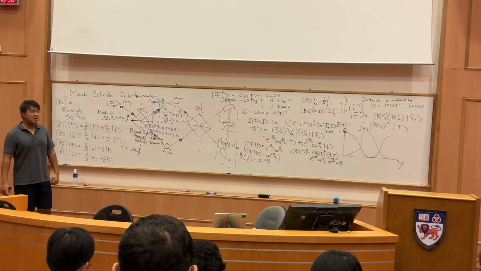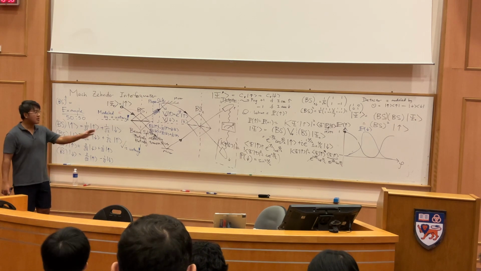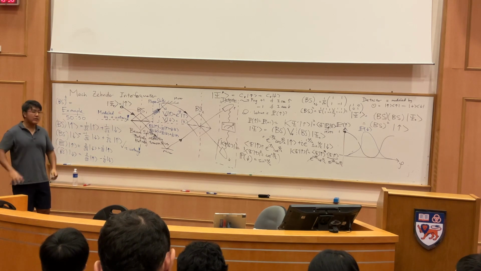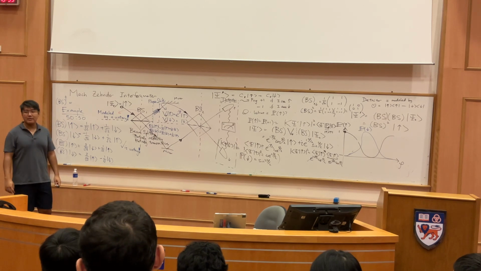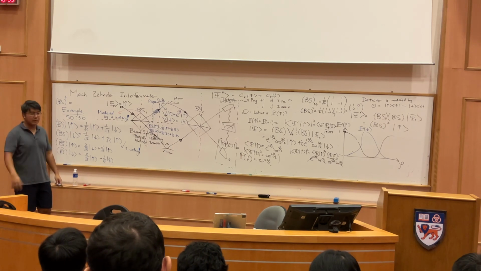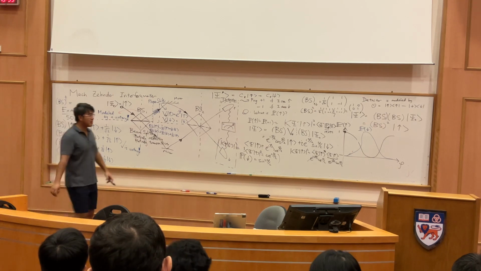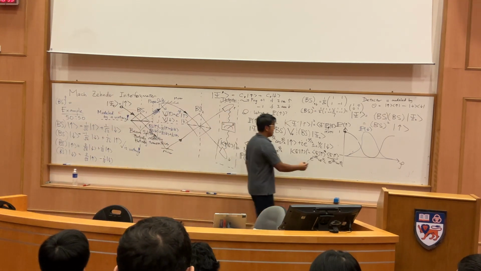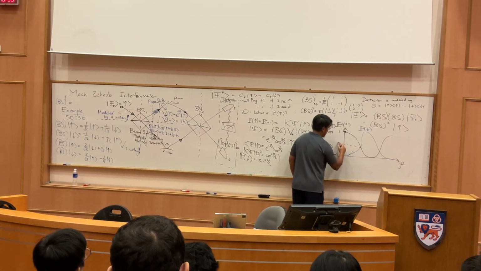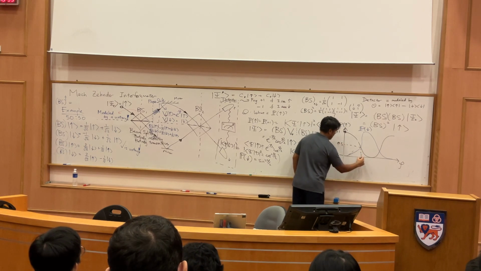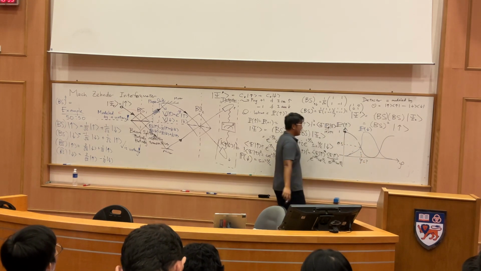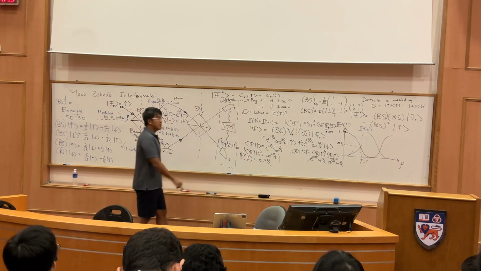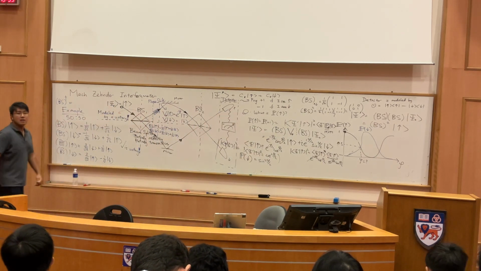Can I ask, what's the value of phi such that I will see 50 up and 50 down? So I'm asking, what is this value? That's 50%. Anyone?